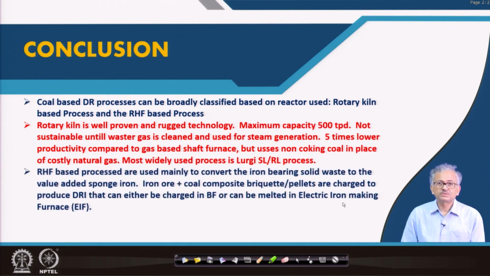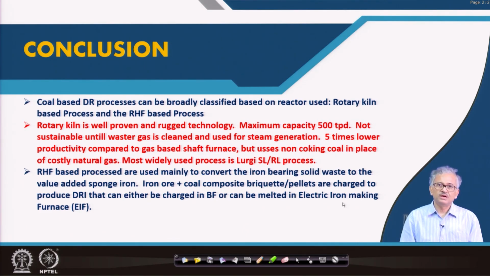And the RHF process is very promising from this point of view. It can use any kind of iron bearing solid waste. That's why the RHF process will be very prominent in future days, because it has the capacity of using any kind of iron bearing solid waste. And the advantage of the RHF process, as I said, is that the material physically does not move.